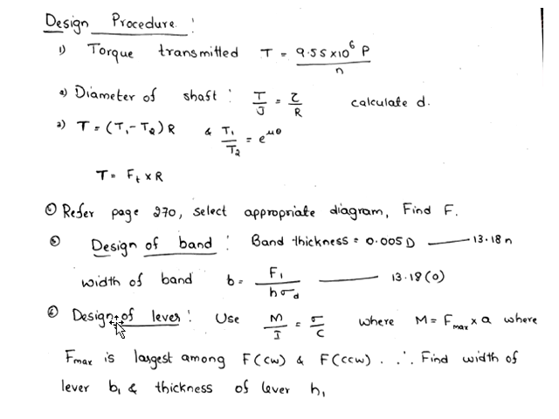Last step, design of lever. Since lever is subjected to bending moment, we have to use bending equation to find out dimensions of lever. M by I is equal to sigma by C, where M is bending moment is given by F max into A, where F max is, so in step number 4 we are calculating F. We have to find out two F values, one for clockwise rotation and one for anti-clockwise rotation.